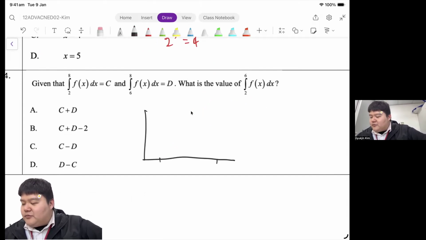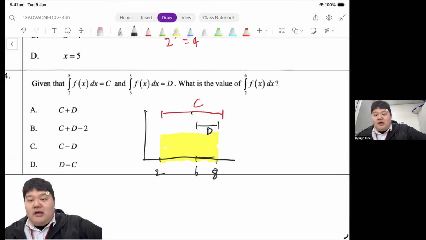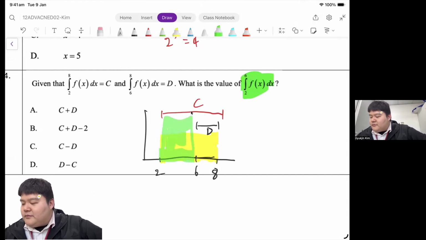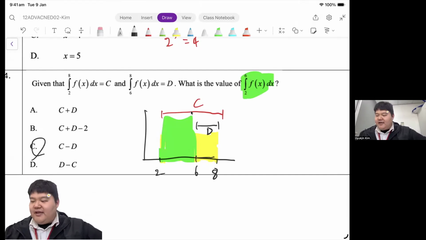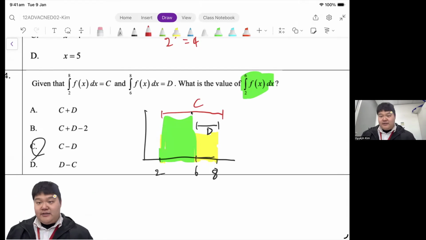If I were to find from 2 to 8 as the whole range of answers, the whole area would be C. But then 6 to 8 is D. Now the question's asking 6 to 2. Boom. So as you can see, it is C minus D. Okay? When you visualize it, it just makes sense.